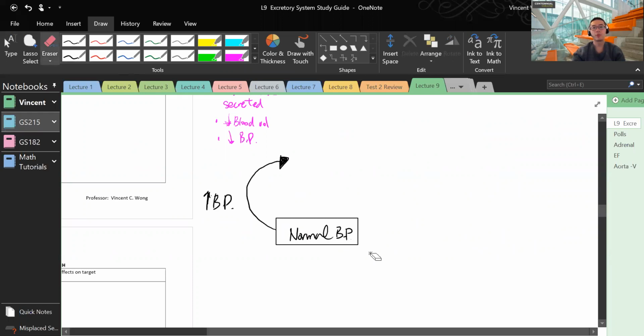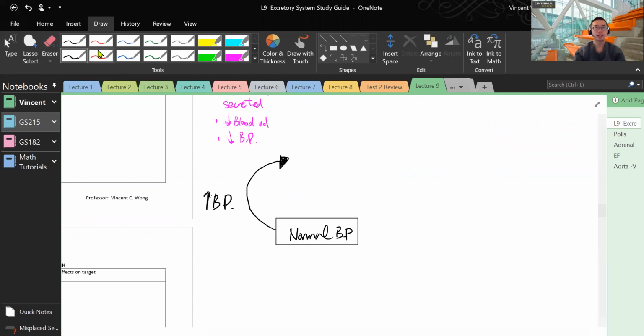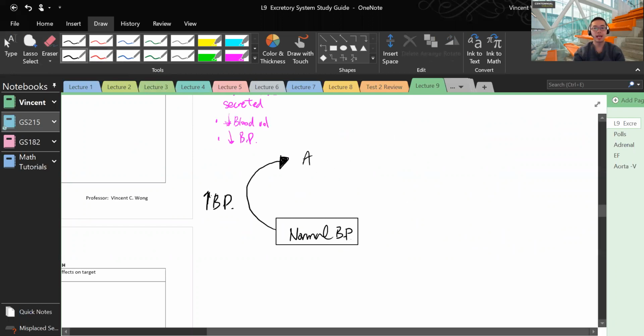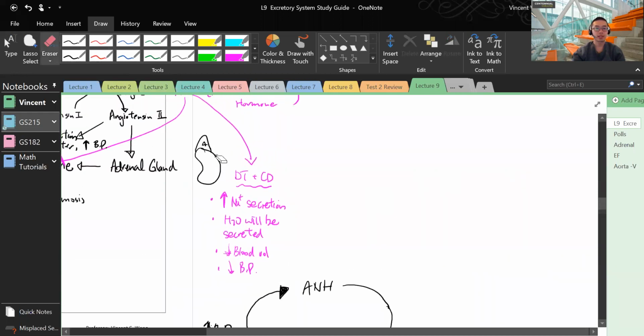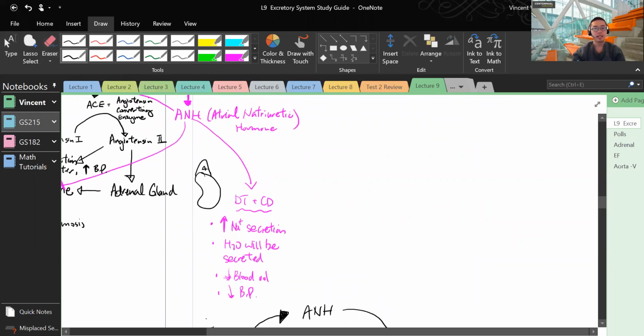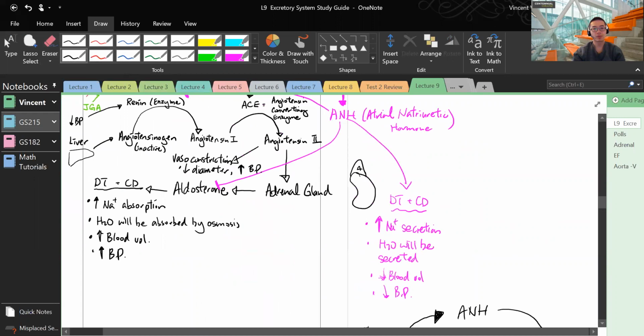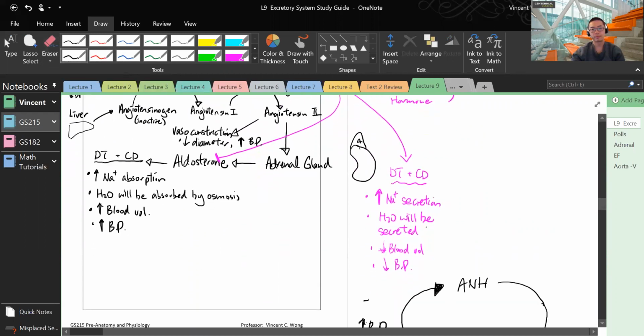So how do you bring it back down? Which one do we need to bring it back down? Well, we just talked about it. You need the ANH. And then the ANH will bring it back down by doing all these things: increasing sodium secretion, inhibiting the aldosterone, inhibiting the renin.